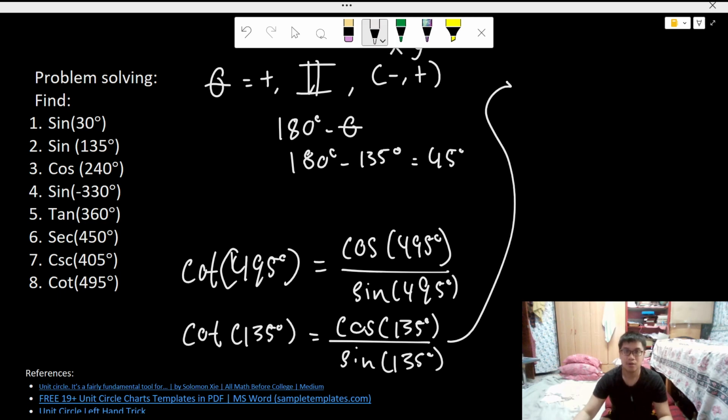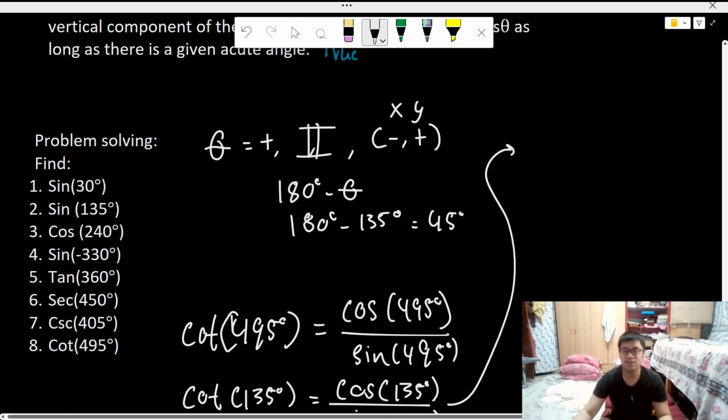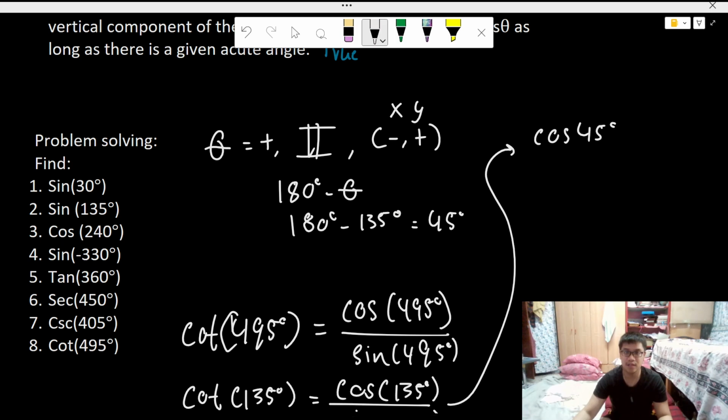Hence, cosine of 135 degrees is just equivalent to cosine of 45 degrees, and sine of 135 degrees to sine of 45 degrees, as well. But we're not done yet because remember, we have an ordered pair here for the second quadrant. X is negative, y is positive. Since your x is negative, therefore your cosine is negative.